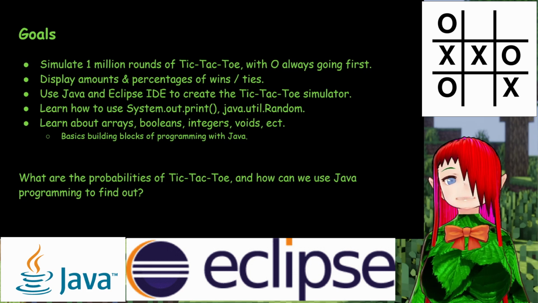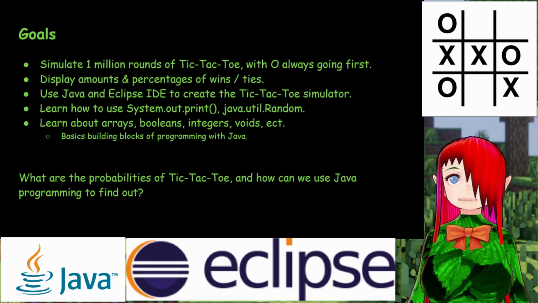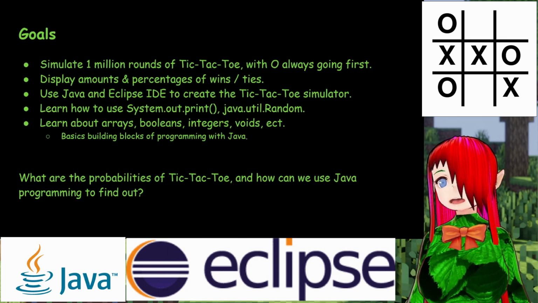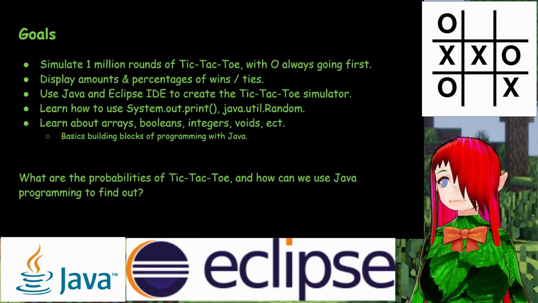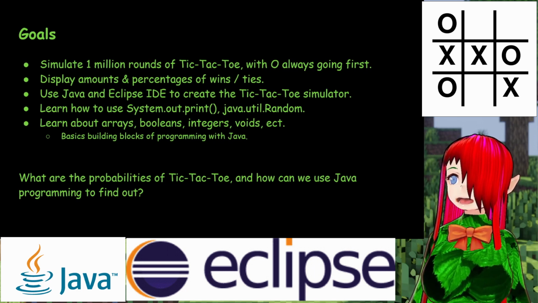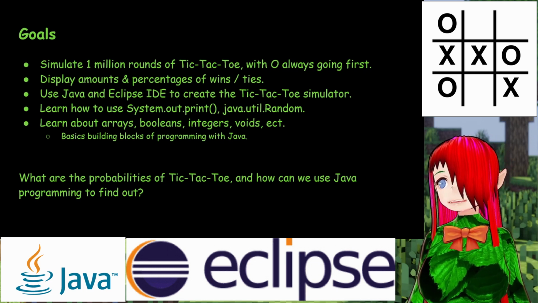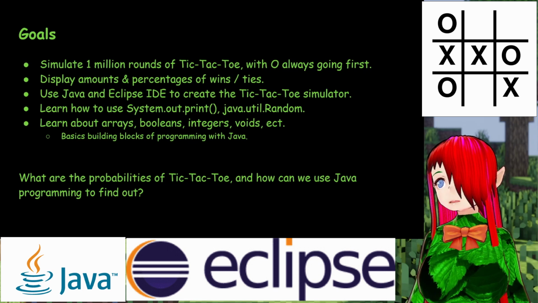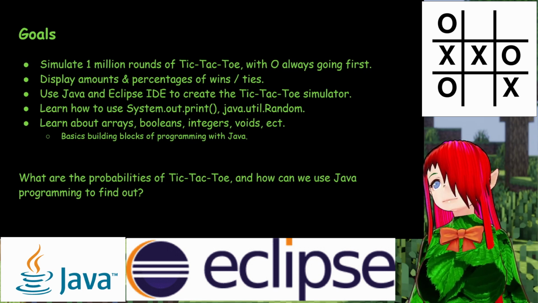In fact, if we weren't using Java and we were using a compiled language instead of an interpreted language, which we'll get into in future episodes, it'd be even faster. But even then, Java is still pretty fast. I can whip out a million rounds in a couple of seconds and do really quick calculations based on those.